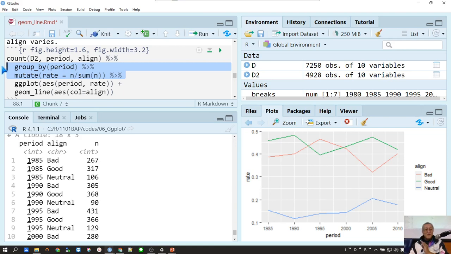So now these two lines basically transfer counts into ratios, isn't it?